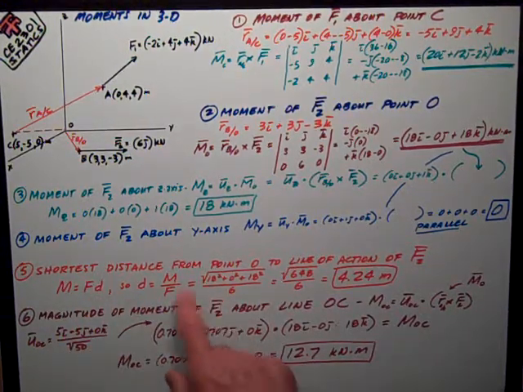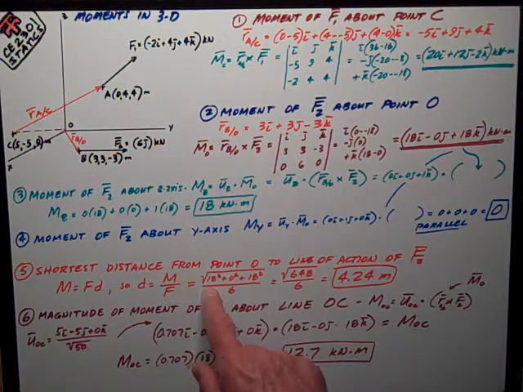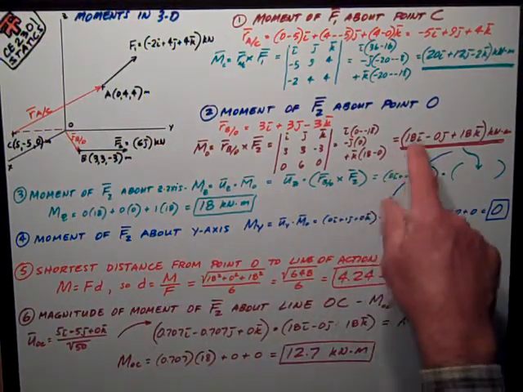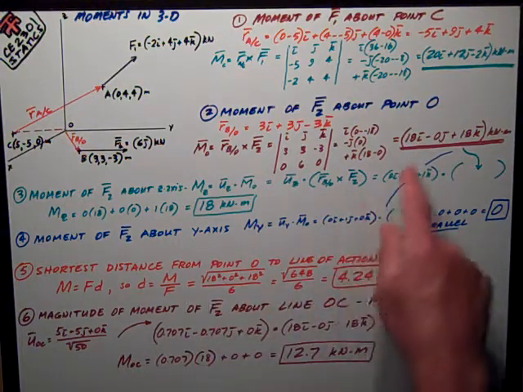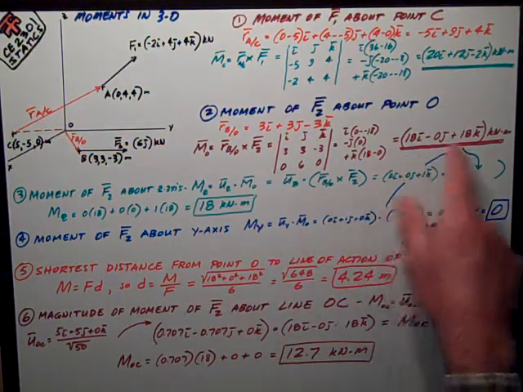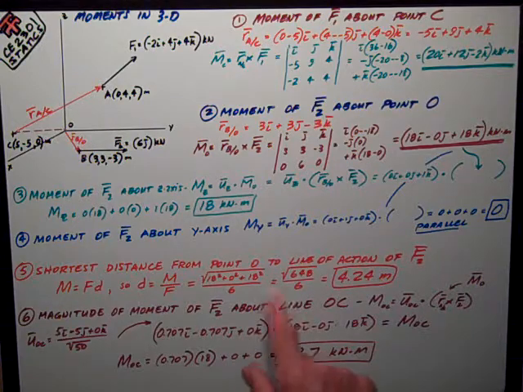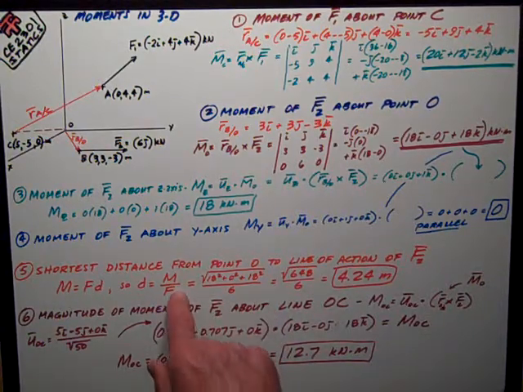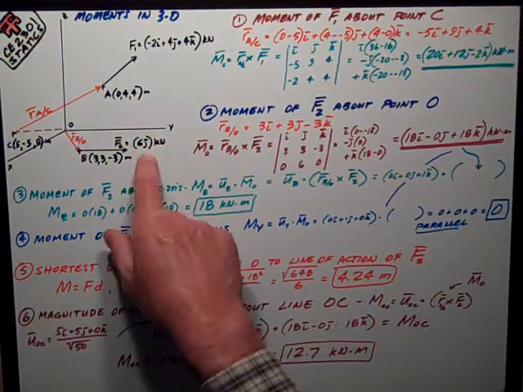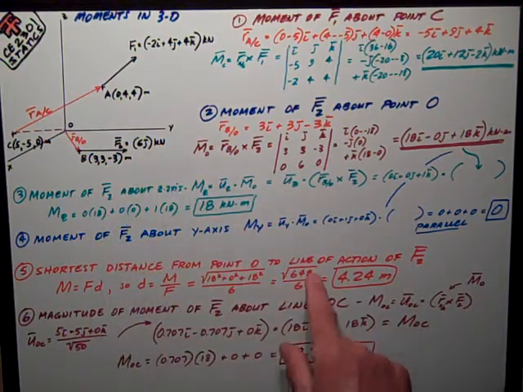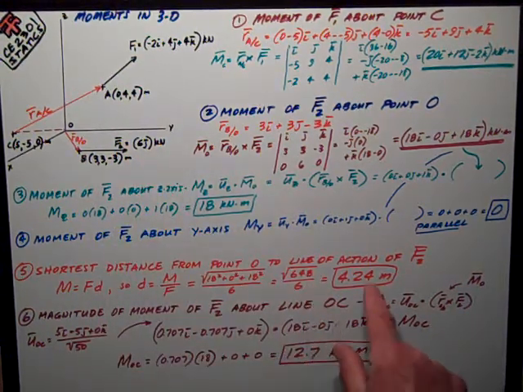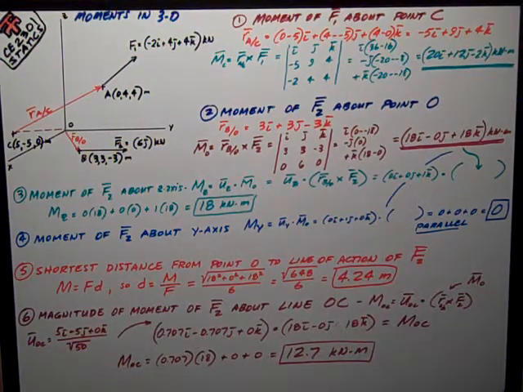Rearranging, I just need to figure out the magnitude of M, the magnitude of the moment of force 2 about point O. It's the square root of the sum of the squares, 18 squared plus 18 squared, divided by the force magnitude. It's pure y, so its magnitude is 6. So it's square root of 648 over 6, which is 4.24 meters.